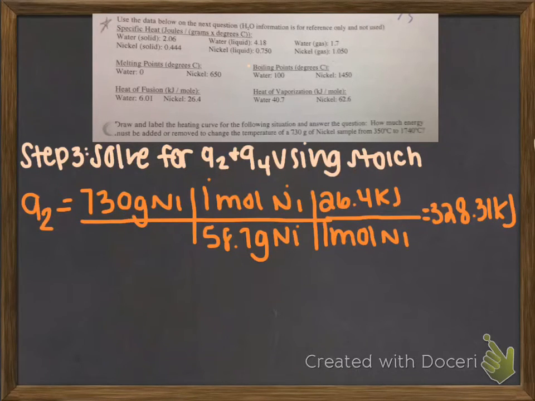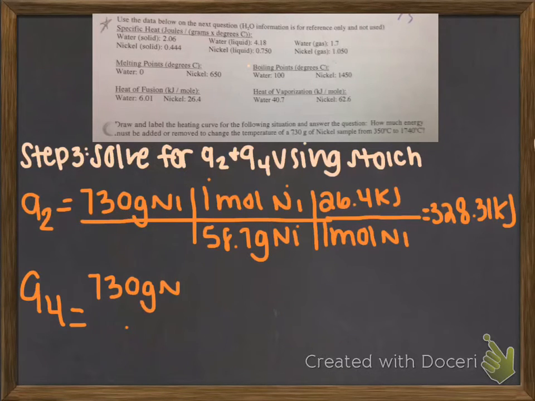We know that Q2 is melting, so that's the same thing as fusion. So the heat of fusion is 26.4 kilojoules. When you plug that into your calculator, you get 328.31 kilojoules.